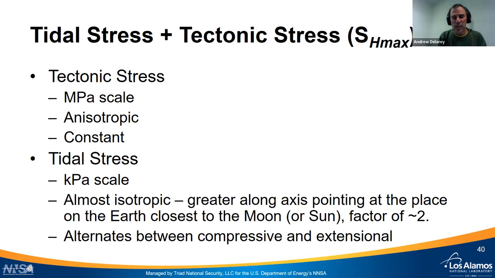It's a little bit greater along an axis pointing at the place on the Earth closest to the moon or the sun by about a factor of 2, but that's latitude dependent. And it also alternates between compressive and extensional. So we have to take these into account when we think about how the Earth might respond under these kinds of pump probe conditions.